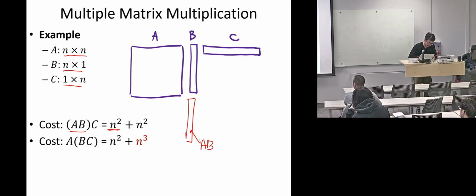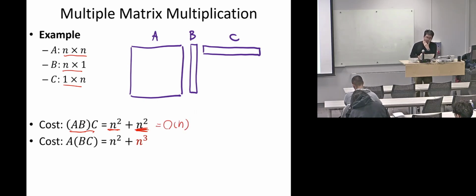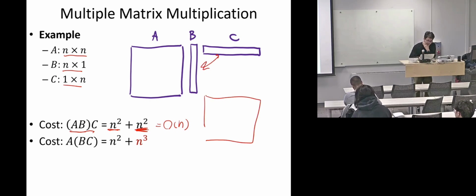Then if I multiply this to C, that gives you another n squared factor, plus n squared. So the total cost of doing it this way is just order of n squared. But if I do it another way, if I multiply B to C first, then I get a matrix of size n times n, and then multiply A to this one. That's going to cost you n cubed.